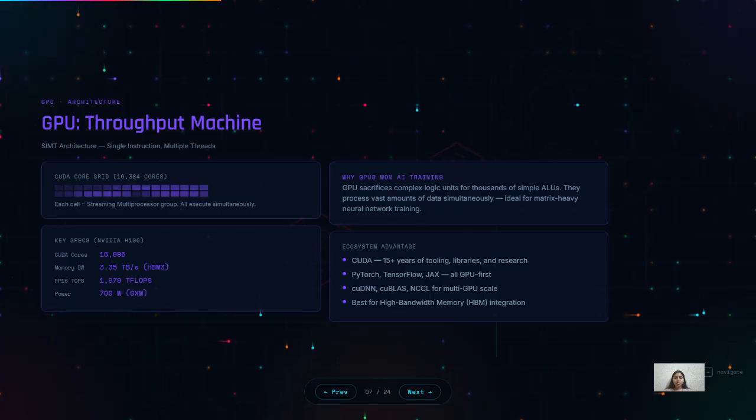The GPU's biggest advantage over the CPU is parallelism. While CPUs process tasks one after another, GPUs process thousands simultaneously. They have ecosystem advantages such as CUDA, PyTorch, TensorFlow, and many more. They are also best for high bandwidth memory integration.